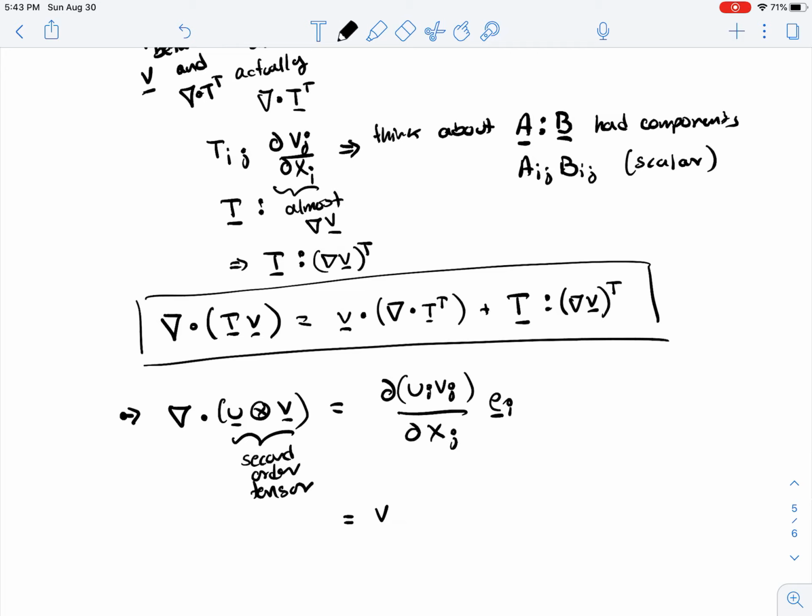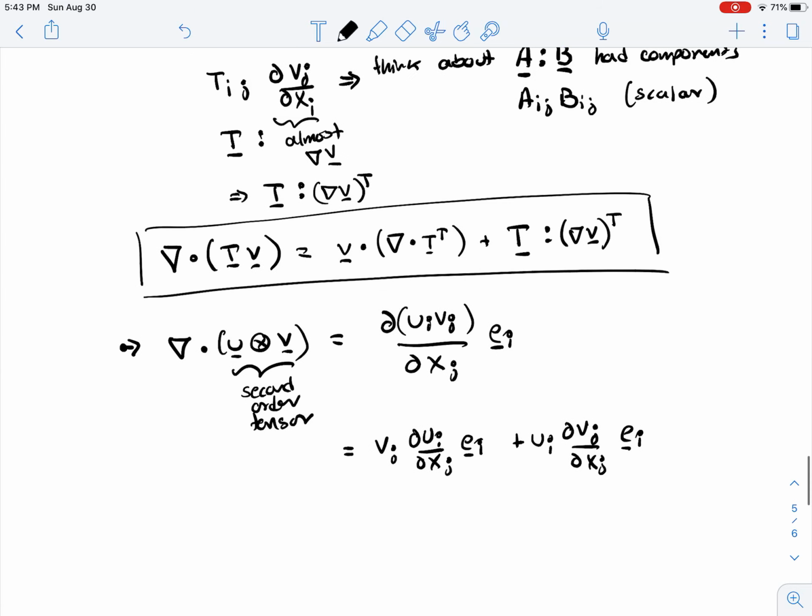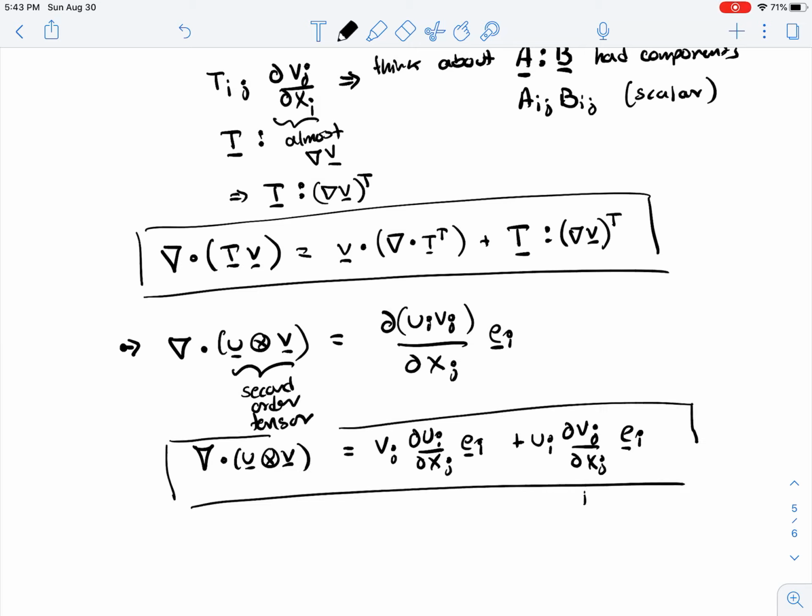That's just my definition. Again, I'm going to use the product rule. So this will be Vj dui dxj ei plus ui dvj dxj ei. And that would be fine. This is just in components.